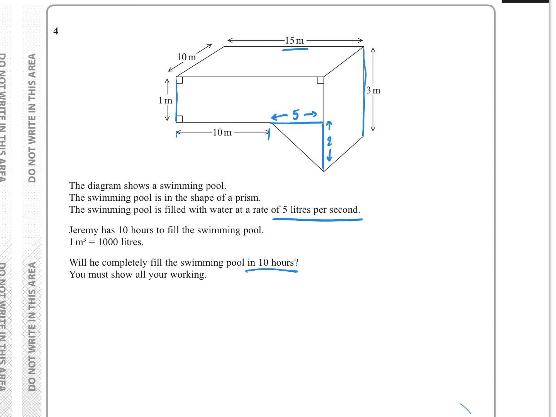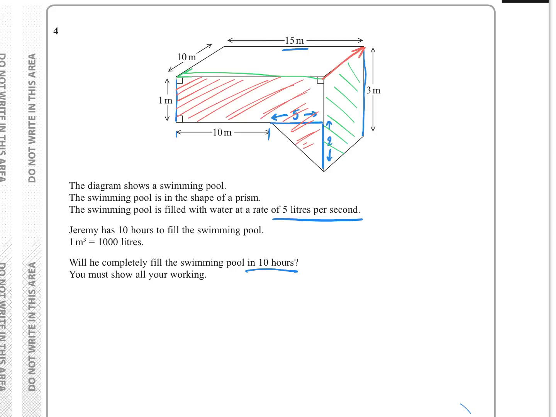Now hopefully you recall that the volume of a prism is one of the faces pushed back uniformly, i.e. it's the same shape that's being pushed back all the way, it's not changing. So for example, if you chose this face here and pushed it back all the way this way, then I'm afraid it wouldn't make the same shape that we have of the entire swimming pool, whereas if we do the red face here and push this back by 10 meters, we will indeed create the entire volume that we want.